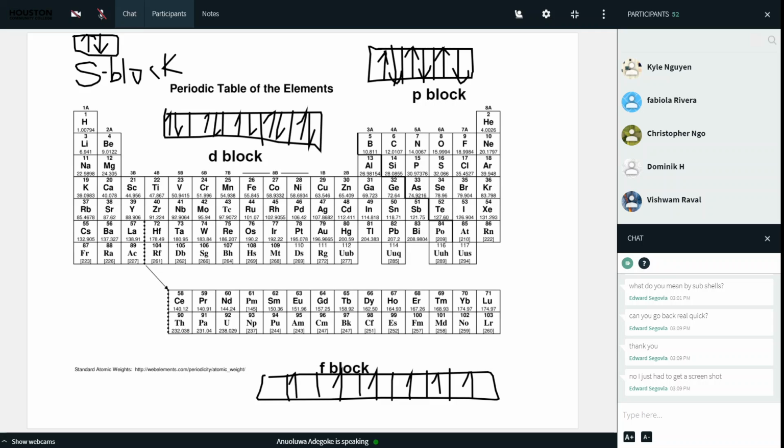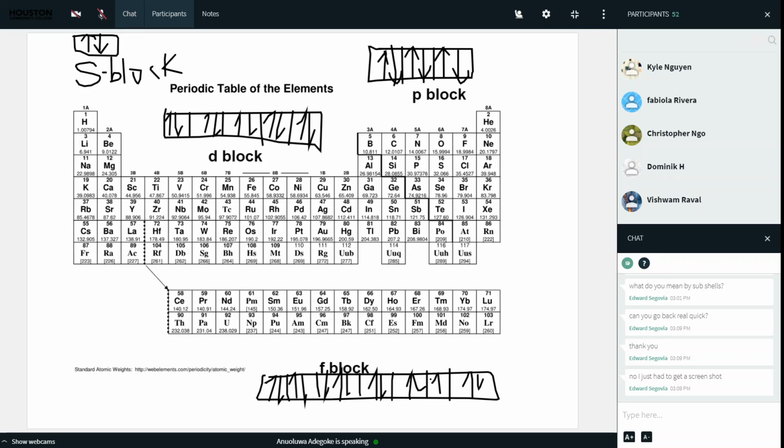So once we know this fact, you can write electronic configuration without having to memorize anything or look it up online. The F block corresponds to the F orbital, which can hold 14 electrons.